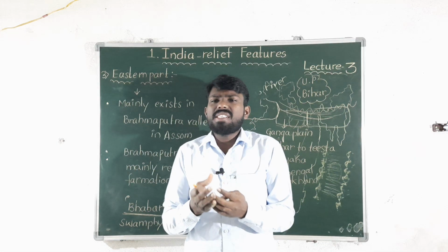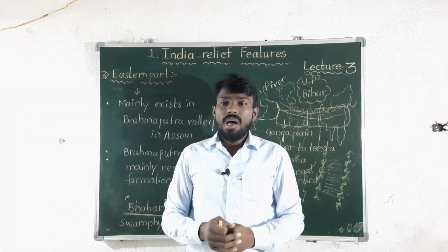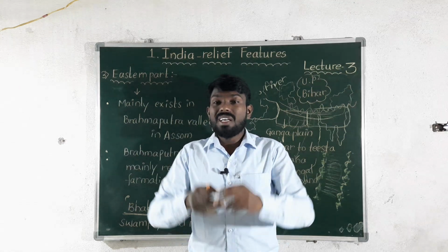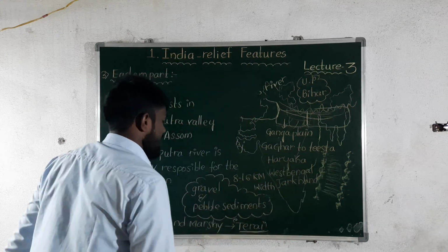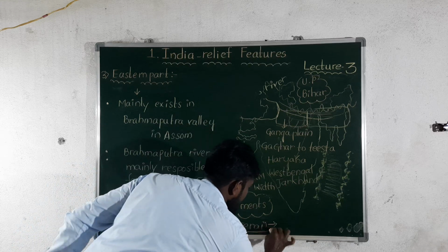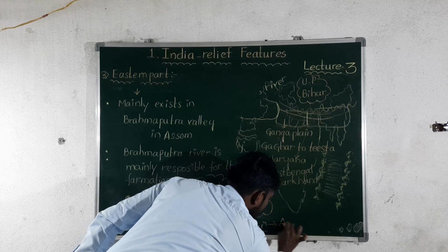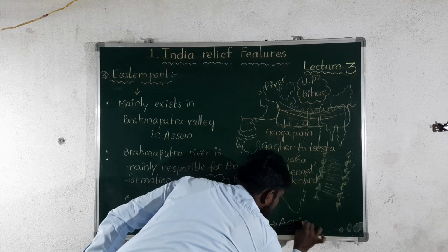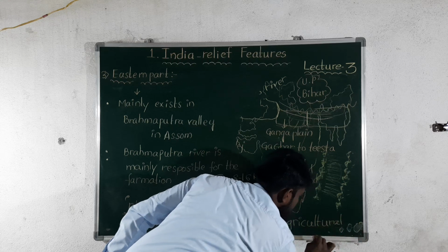Owing to the migration at the time of partition of India, most of the Terai zone was cleared and used for agricultural operations.